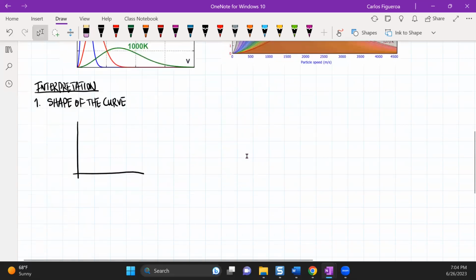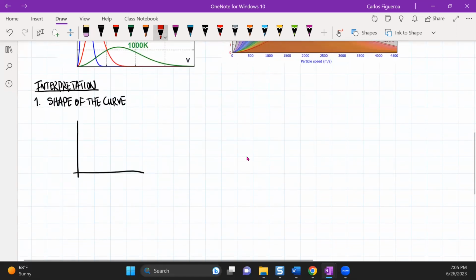But if you look at this curve, it has a peak, and then from the peak, it has a long tail. And this is what I'm plotting. So there are a couple of things that you should really pay attention to.